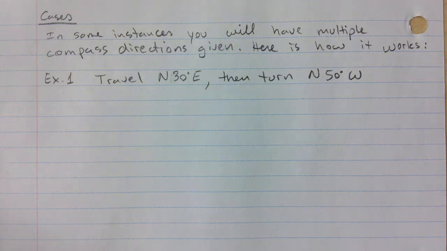So it's a scenario, a very short and summarized version of it, right? But you start your path going north 30 degrees east, and then you turn to a different direction, you change directions north 50 degrees west, okay?